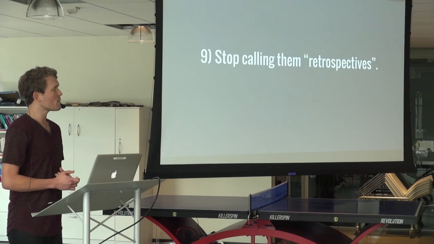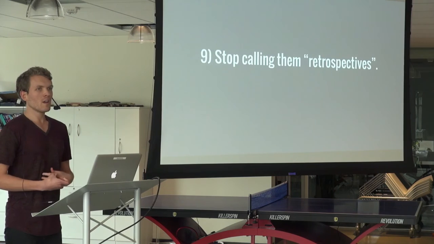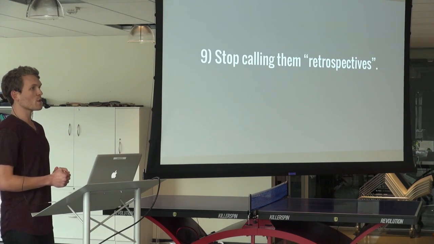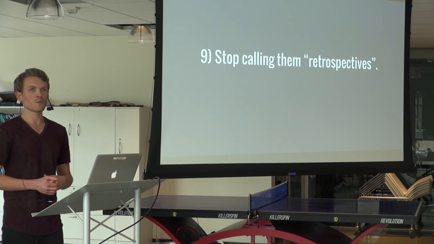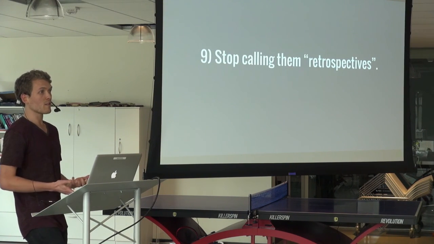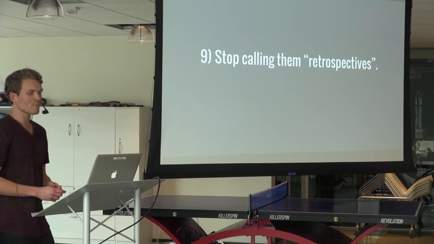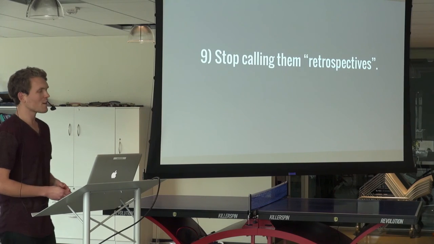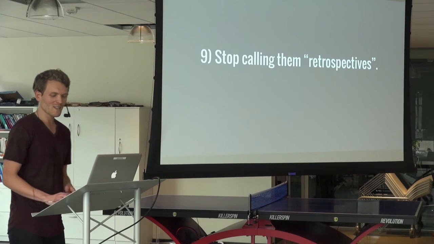It's a place where we can come together, assess how we're doing, and most importantly, decide how our behavior is going to change in the future to address whatever pains that we are feeling and to make ourselves more effective as a software team. So, action item number 9, consider not calling them retrospectives.